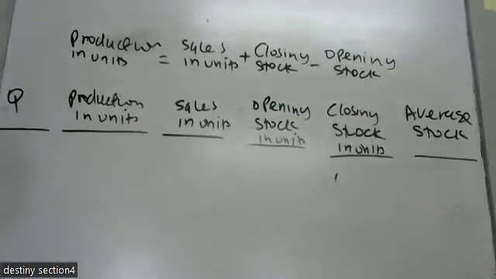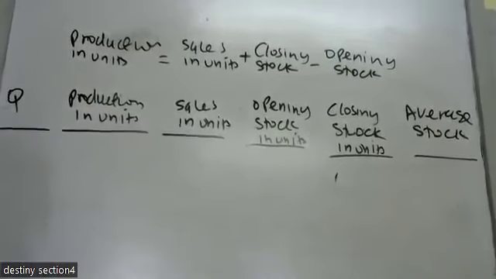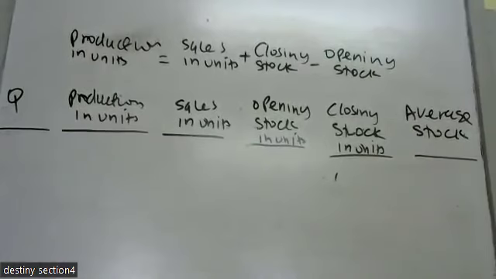So you also have that formula somewhere. If you want to know what you produced, production in units will be equal to what you are able to sell, then you add what was remaining, then you subtract what was there at the beginning. So to calculate production in units, we simply take the sales in units, add the closing stock, then minus the opening stock.